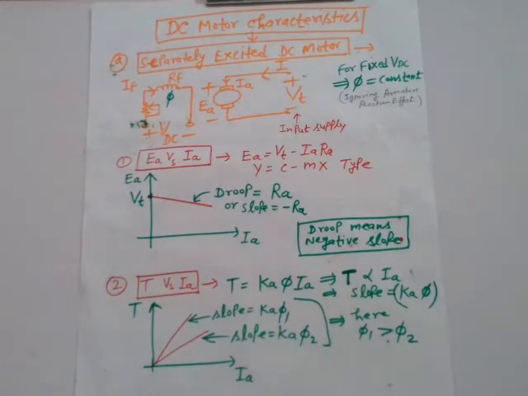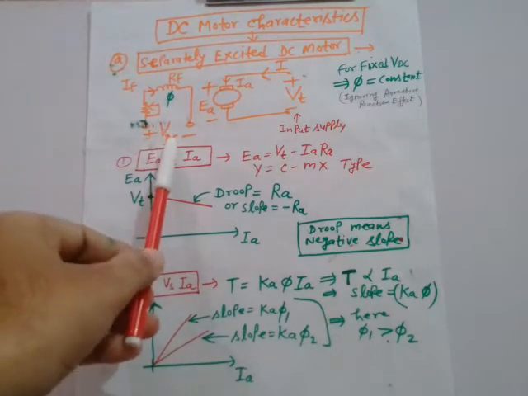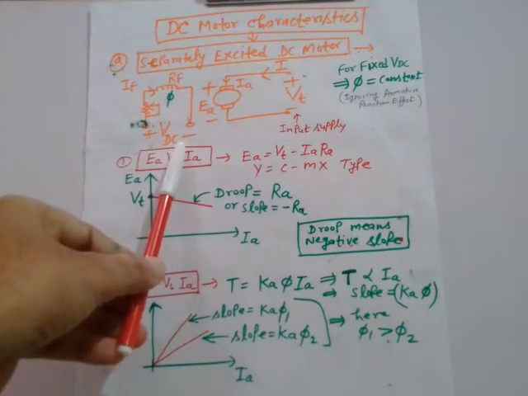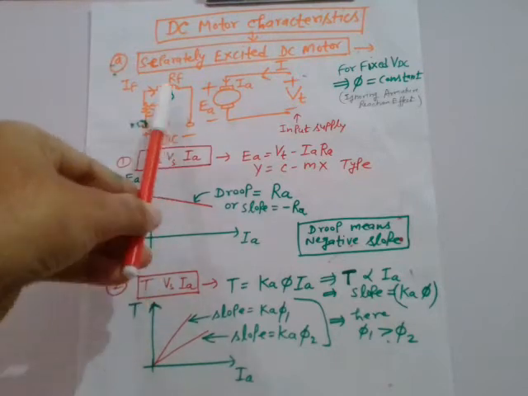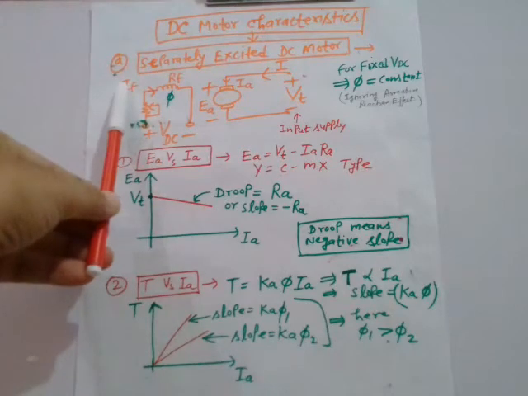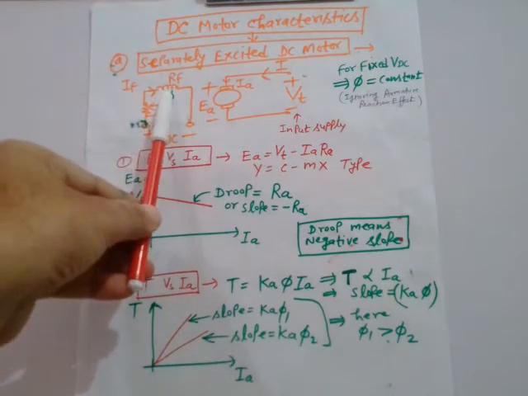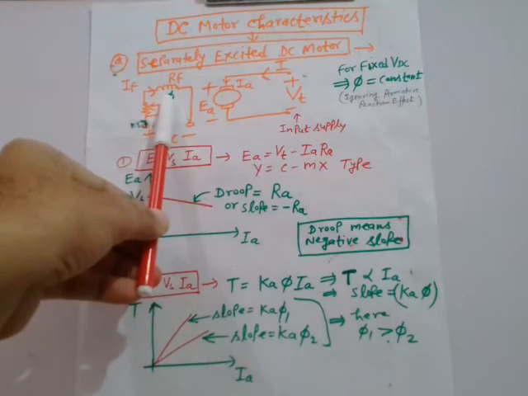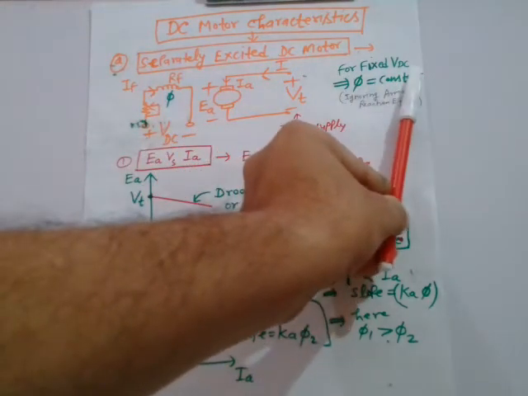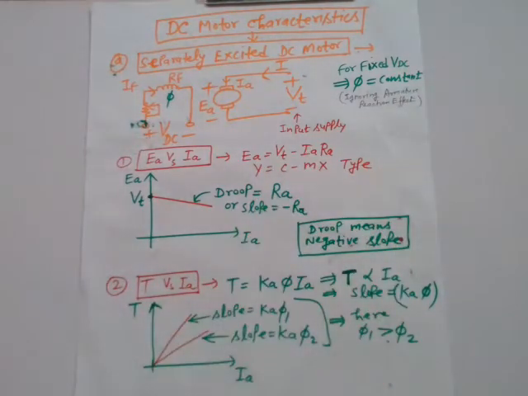For one particular fixed value of DC applied voltage, the field current will be unique, and for that particular unique field current you will get a unique and constant value of flux, right? So for fixed applied DC voltage, your flux will be constant, right?